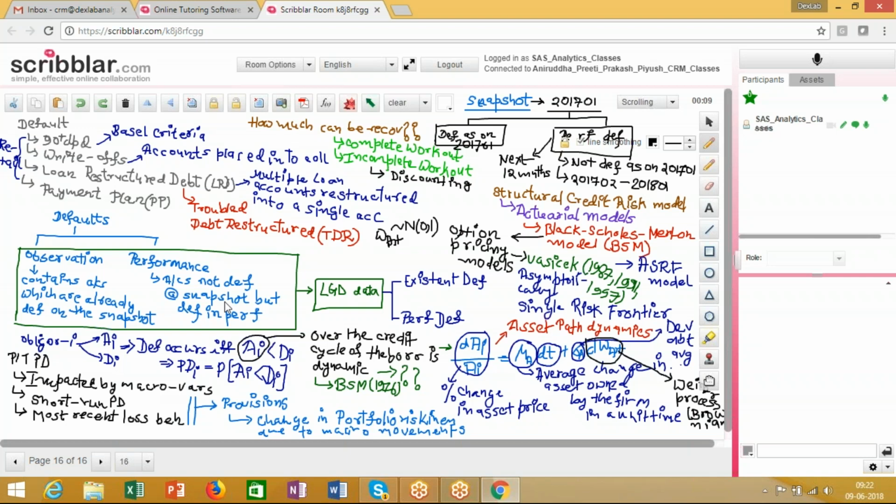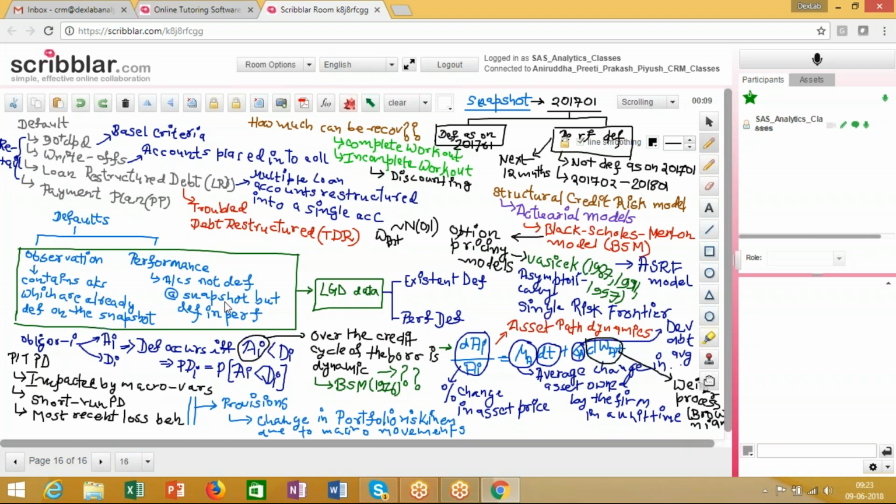So for an ith obligor, there is an asset. So every obligor has an asset. If I'm a retail borrower, I'll have an income, I'll have income from other sources, etc. And I have a debt obligation D_i. So A_i shows the asset that the borrower i has.